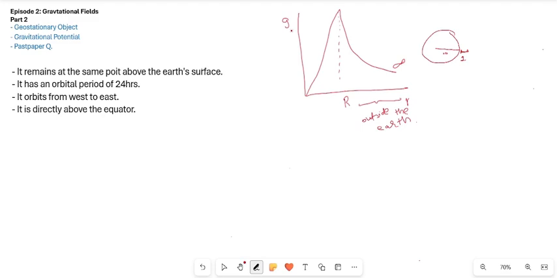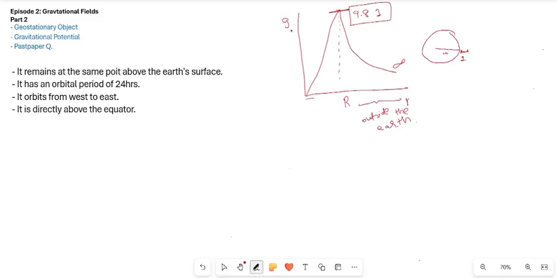Since it is an insignificant distance compared to the radius of the planet, g remains relatively constant, at 9.81. That is literally it about this entire concept: if the distance is very small in comparison to the radius, then g will remain relatively constant. And it's an added point.